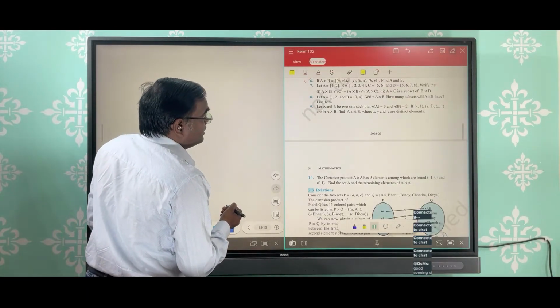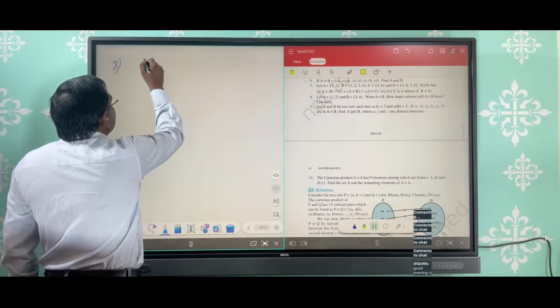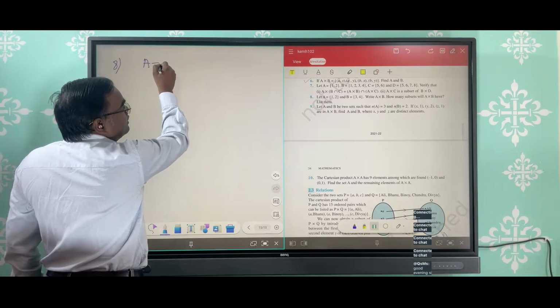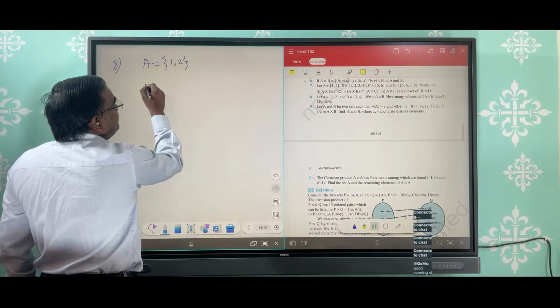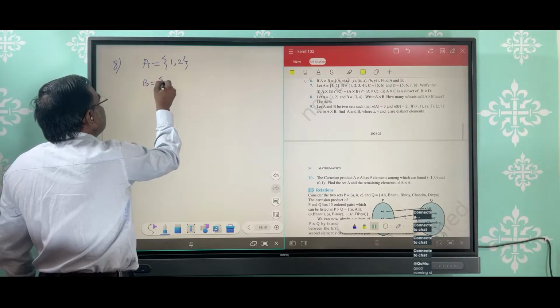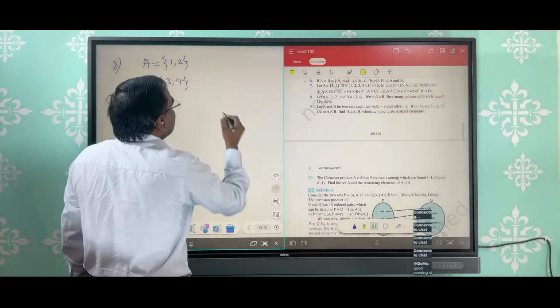So let us solve this. Question number 8, very good question. A is given. A is equal to {1, 2} and B is equal to {3, 4}. So what will be A cross B?